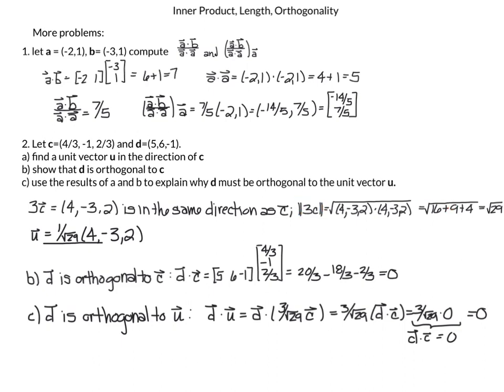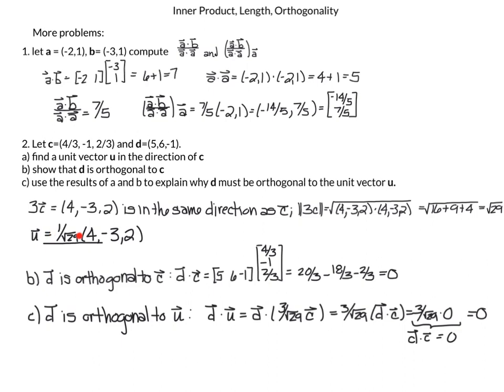So I do 4, -3, 2 dot 4, -3, 2, square rooted, and I get the square root of 29. So that's the length of 3C. So U is a unit vector, 1 over square root of 29 times 4, -3, 2. You can verify that this is unit length, and you can also verify that U is simply a multiple of C. But I'll leave that to you.